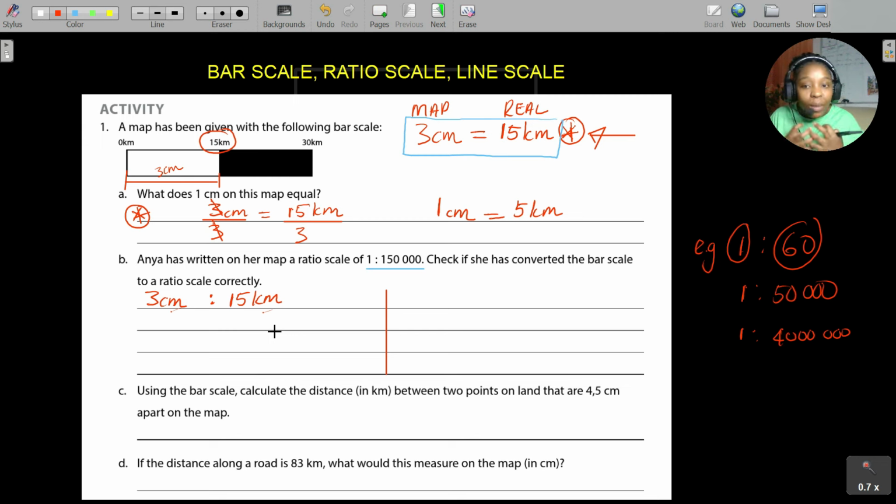For us to cancel them, the units need to be the same. That means we need to convert the 15 kilometers to a value in centimeters, or convert the centimeters to kilometers, so that when we divide through by 3 centimeters, we can cancel out the units and the number on the right hand side.